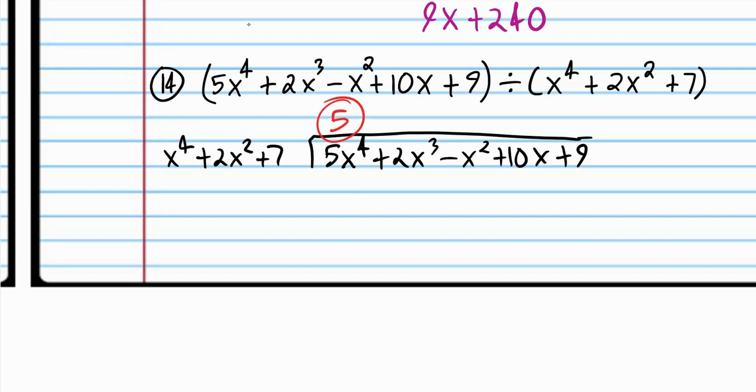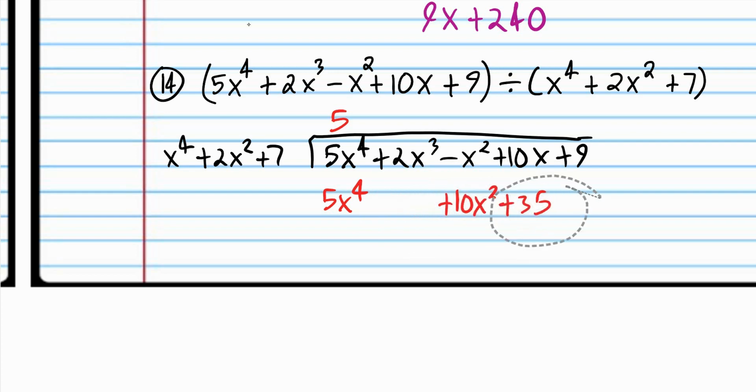Step number 2, 5 times the divisor is 5x to the 4th plus 10x squared plus 35. But now we have multiple problems. We can't subtract these, and we can't subtract these. They're just not like terms. So we have to move these terms over.